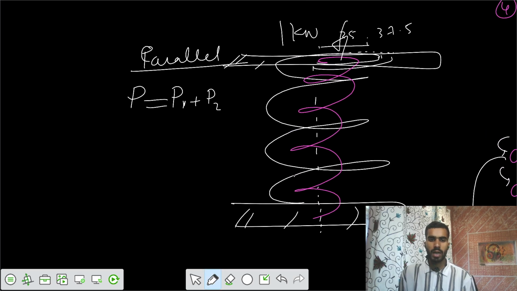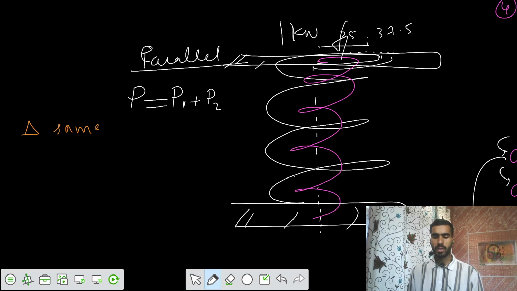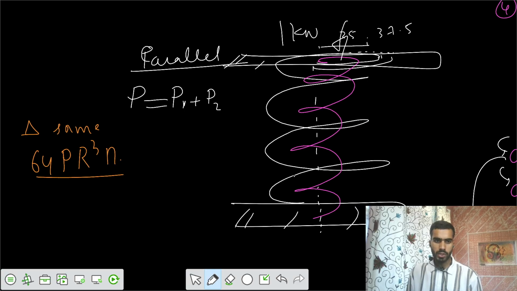Delta is the same for the two materials, so I can get the relation between the two. I know the equation for delta: delta equals 64 P R cube n by G d to the power 4. For the two springs, 64 is constant.